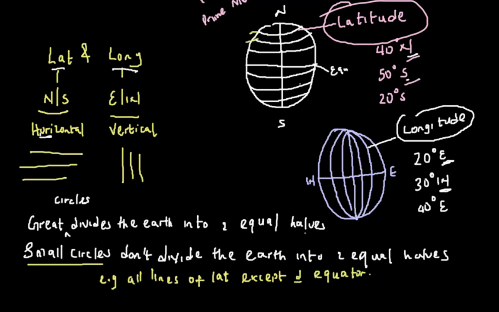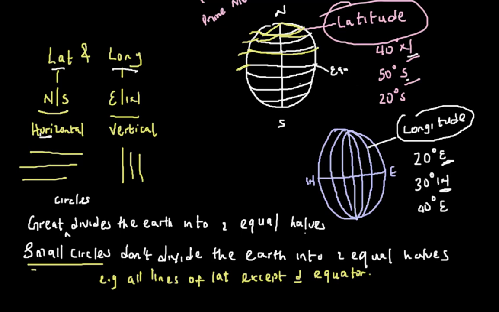Now this here are lines of latitude. You can see that this one here is way smaller than this one here. Does that make sense? And the radius are different. For example, this is the radius of this line of latitude. This is the radius of this other line. Lines of latitude form what we know as the small circles, except the equator.